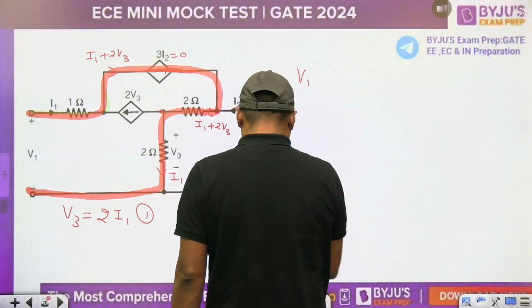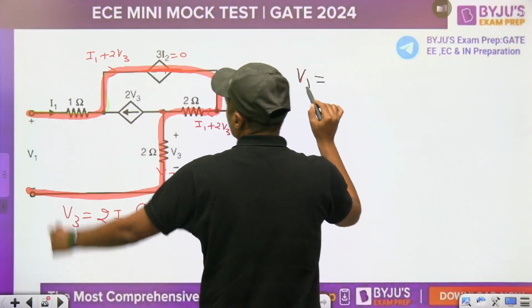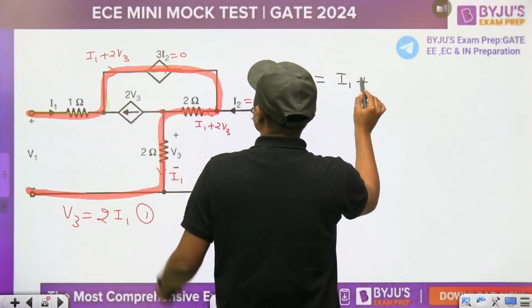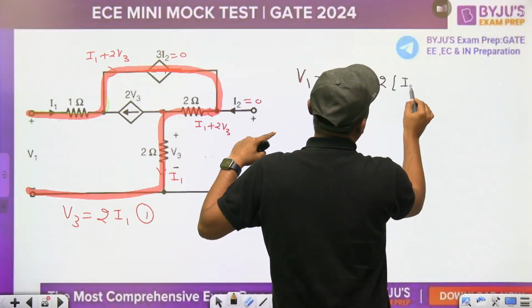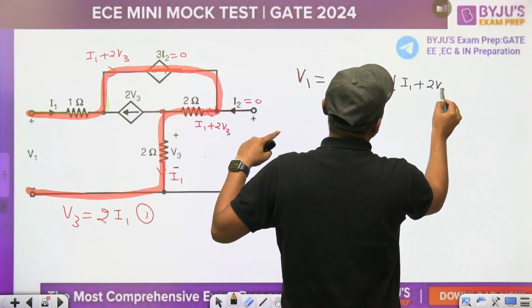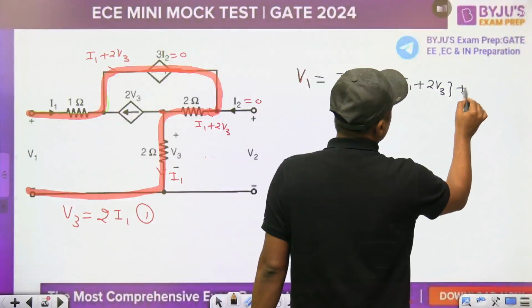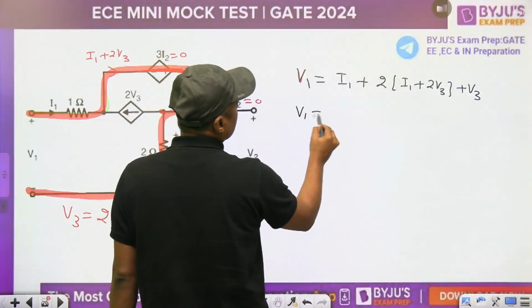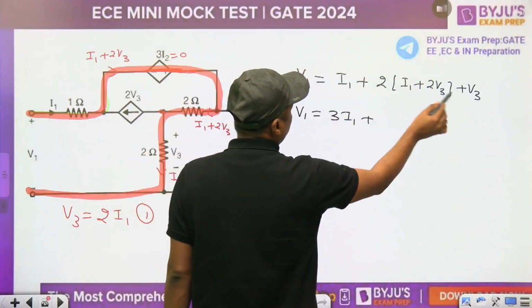V1 is equal to 1 into I1 plus 0.2 times (I1 plus 2V3), and this is plus V3. Okay, KVL is over. Then you can write 2 plus 1, 3 I1 plus 2 into 2, 4, 5 V3.